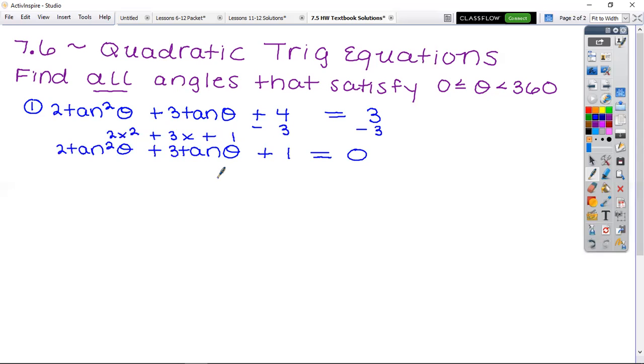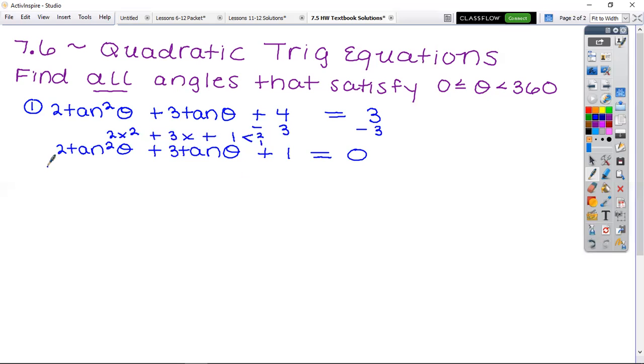What numbers multiply to 2 and add to 3? 2 and 1. But instead of writing this as 2x and 1x, I instead include tangents.